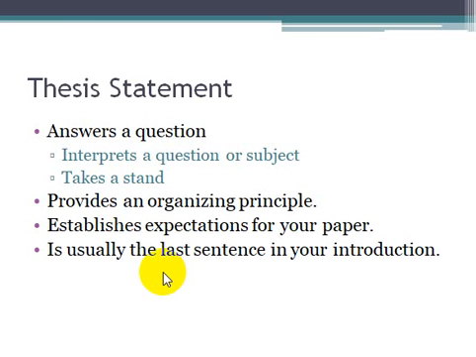Actually, now, having interpreted your question into a thesis, then you have to take a stand. Your position. What shall you do? Then, after doing this, you have to provide the procedures.